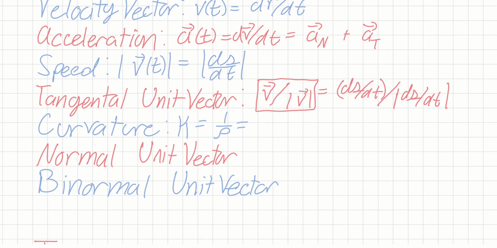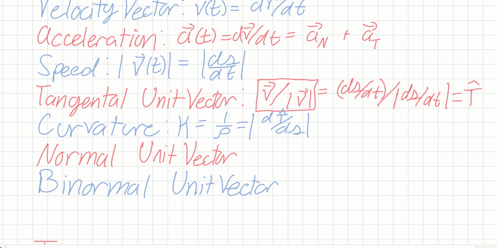But you're not given k or rho, so you can't really get one or the other. But you can get it by taking the derivative of your tangential unit vector. And I should have said what the tangential unit vector looks like. The symbol is T hat. So curvature is the absolute value of dT hat/ds.